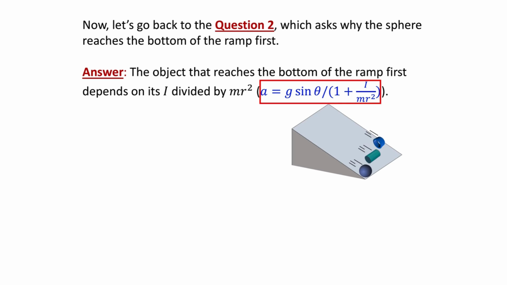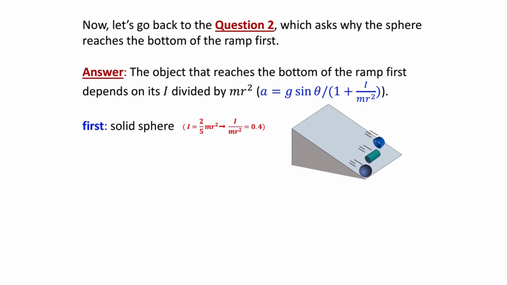This formula is dependent on the ratio of I to mr squared. For solid sphere, the moment of inertia is 2 over 5 mr squared. And if we calculate I over mr squared, we get 0.4. For solid cylinder, moment of inertia is 1 over 2 mr squared.